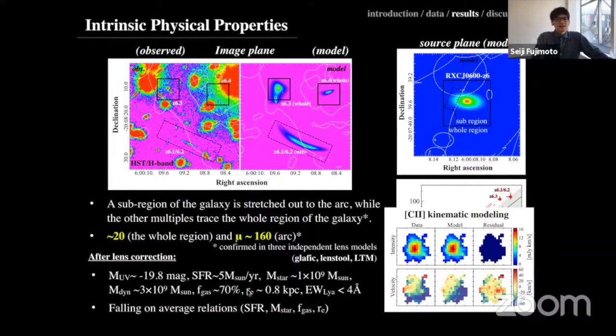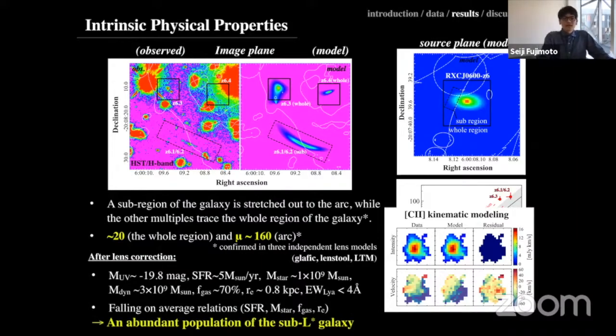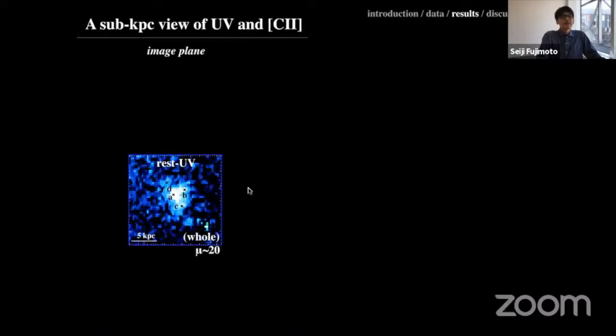The gas mass and the galaxy size estimate show the average value among the typical star-forming galaxies at redshift 6. So we conclude that this strongly lensed galaxy is an abundant and representative population of the sub-L-star galaxies at redshift 6.